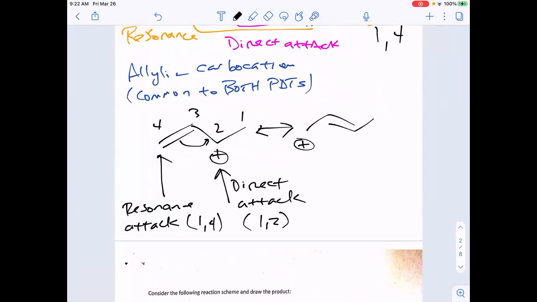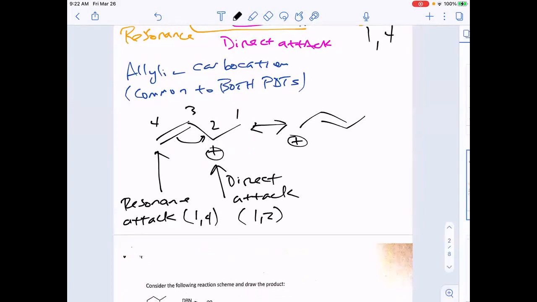Okay. All right, so let's look at an example, and I want to show you the temperature part now. One of these products would be considered what we call a thermodynamic product, and one would be considered the kinetic product. Let's talk about that.